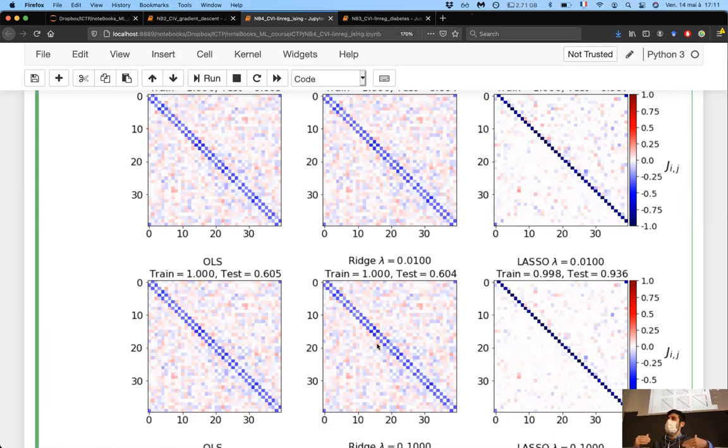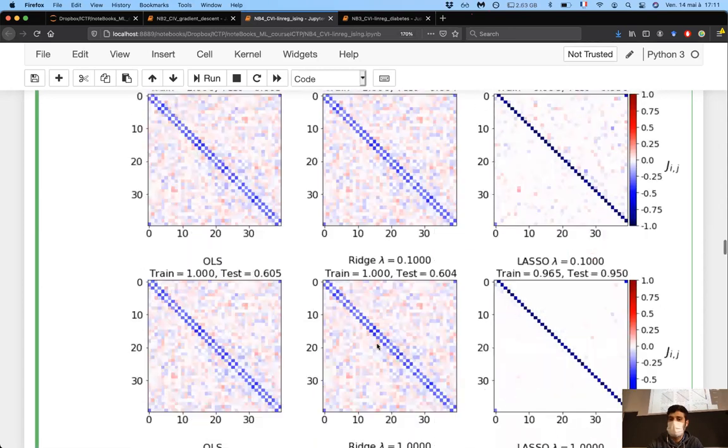Why? Because Lasso is explicitly looking for the solution with the least number of non-zero coefficients. So you have two equivalent models, one where you have 2 times more non-zero coefficients in the Hamiltonian, and the correct one. So Lasso will select this one because it has fewer non-zero entries in the vector J. Is it clear? So Lasso breaks this invariance and finds the correct one.